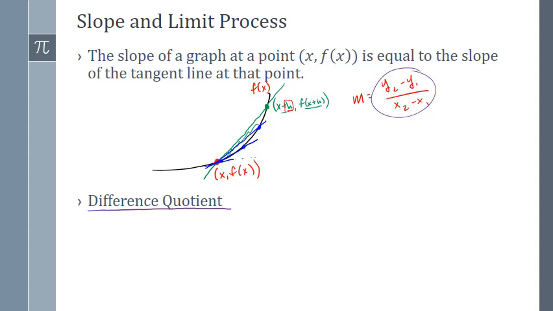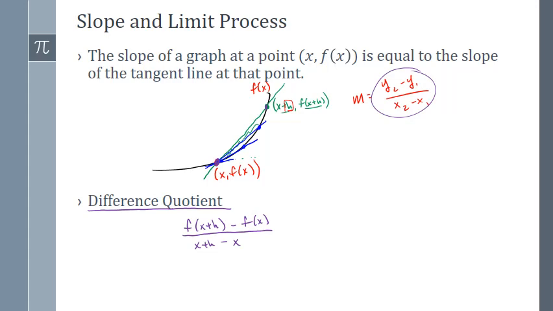Okay, so y2 would be our f of x plus h, minus y1 would be f of x, divided by x plus h minus x. So that's our slope between some fixed point and some other point on the graph as well.